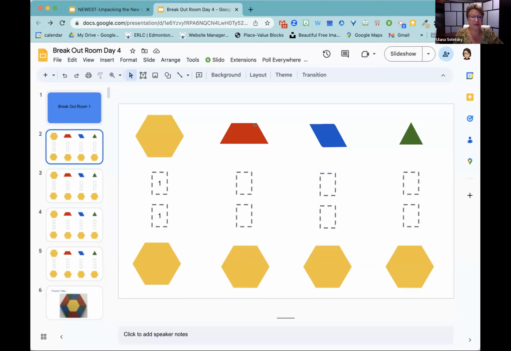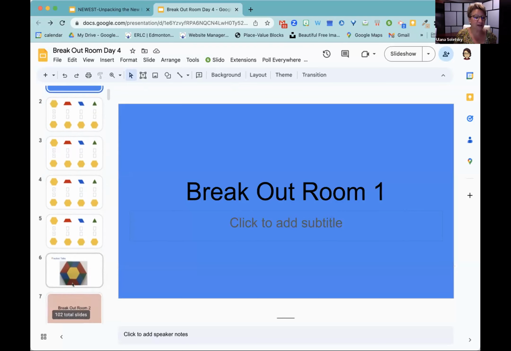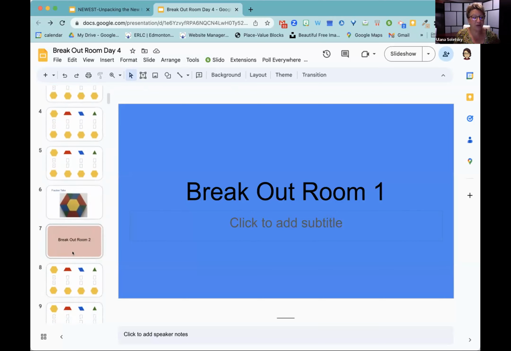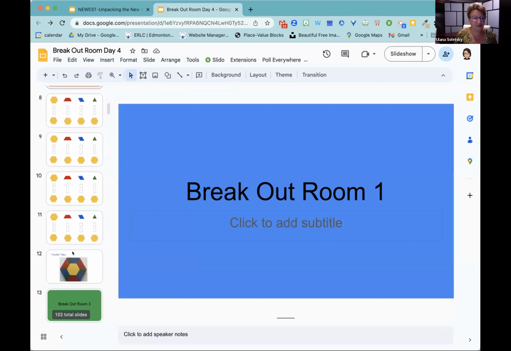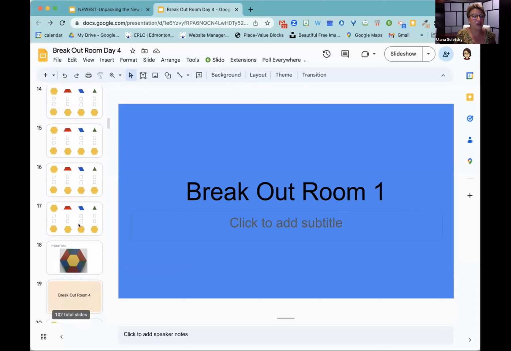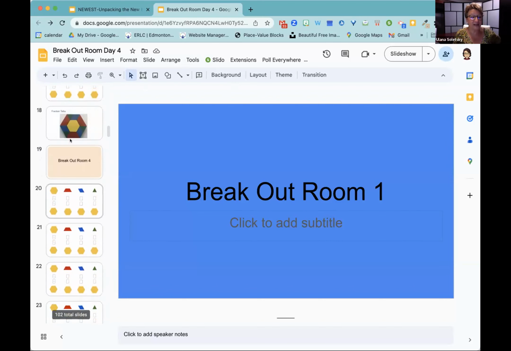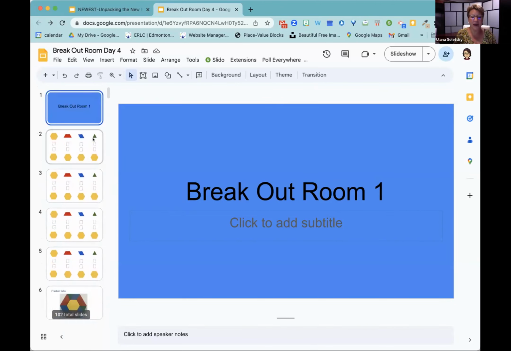Each group breakout room, for example, this is breakout room 1, you're going to receive 4 different sets of slides. Actually, you get 5. And then breakout room 2, you will also get 5 slides. Breakout room 3, you will get 5 slides. Breakout room 4, you get your slides, and there's enough for every breakout room.